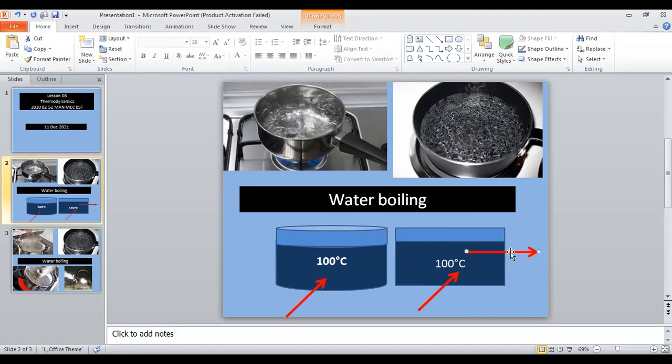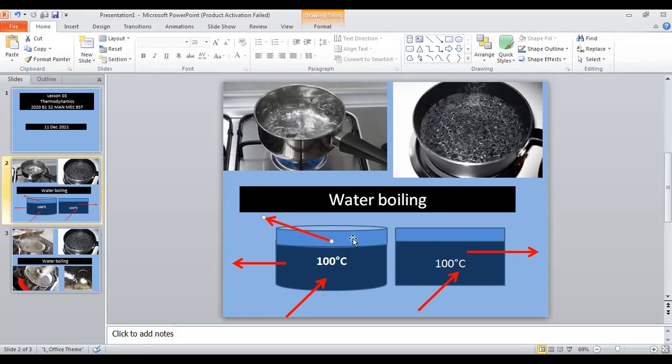In the same way, there is a heat loss as well, and another way of losing heat is from the top here, because the ambient is at quite lower temperature and the surface is at 100.